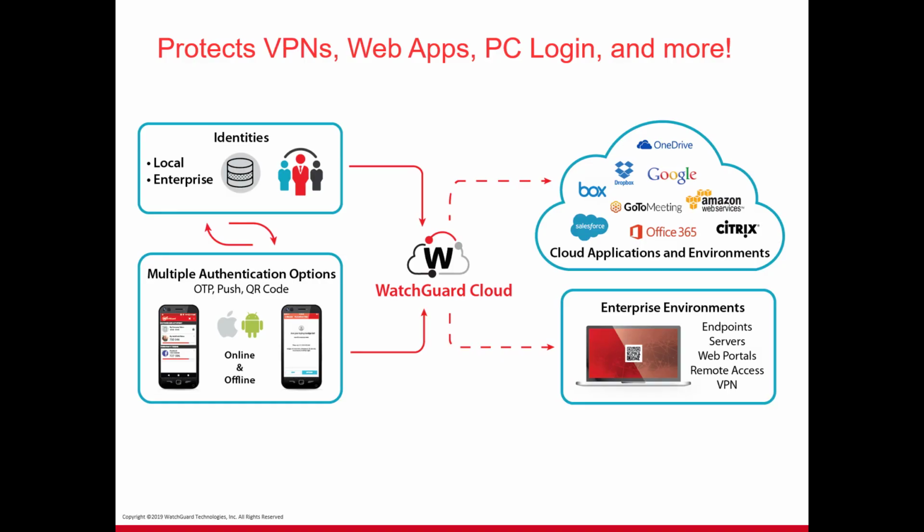That's Authpoint, the first application that was built up for WatchGuard Cloud. Through this platform, Authpoint will protect user identities, which could be local, enterprise, and partners, protecting them when trying to access different resources such as cloud applications, computers, servers, remote access applications, VPNs, and much more.